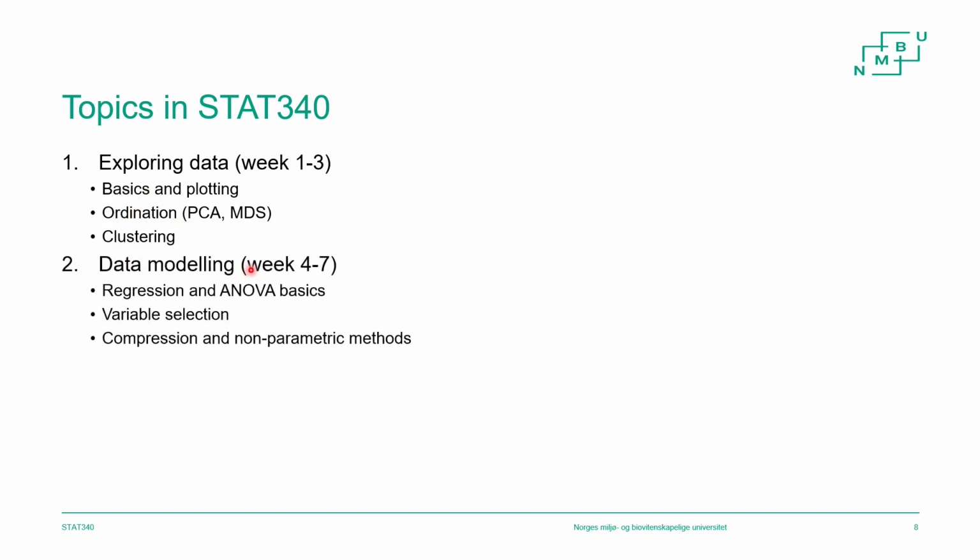Then we start data modeling. And this is the main part of the course, you could say. Data modeling: basic regression and ANOVA. That's a couple of weeks here. Variable selection I highlight as a topic of its own. I will spend a week only on this topic. And then we will also see some alternatives to variable selection, compression methods, and related to that again, a little bit on non-parametric methods.